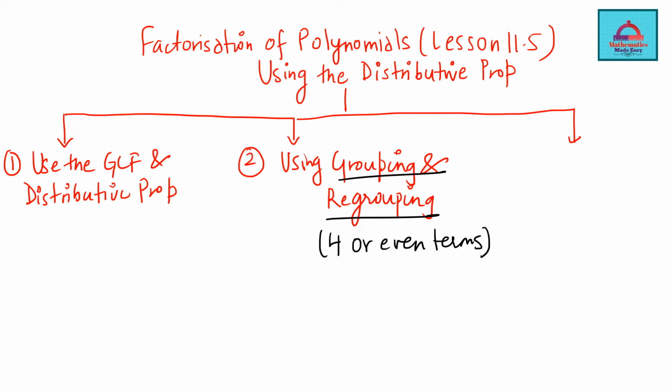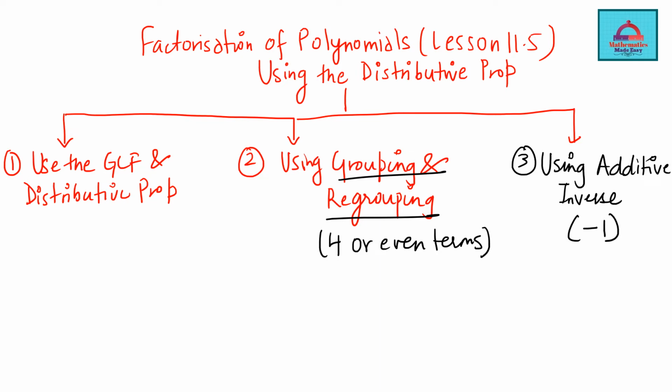And the last method that you will use is using additive inverse, or you can also say using -1. That means, for example, the additive inverse of 1 is -1, so you will just reverse the sign. You have to remember that.